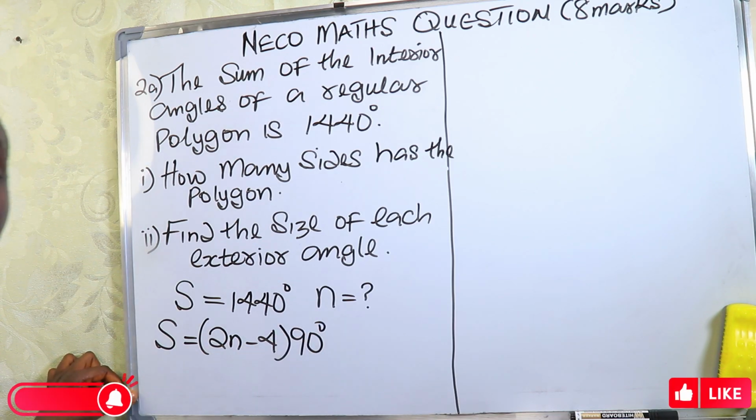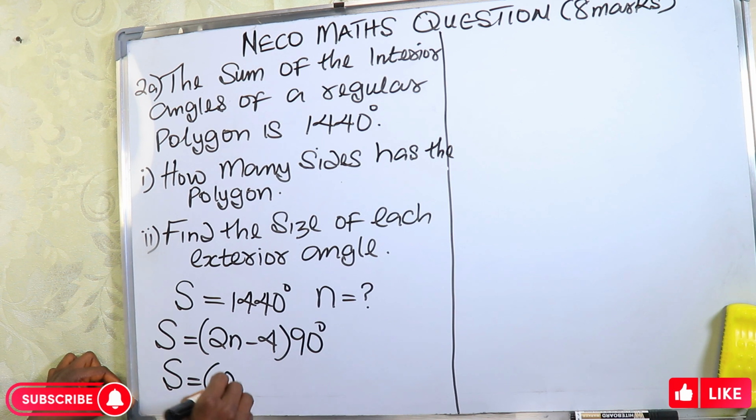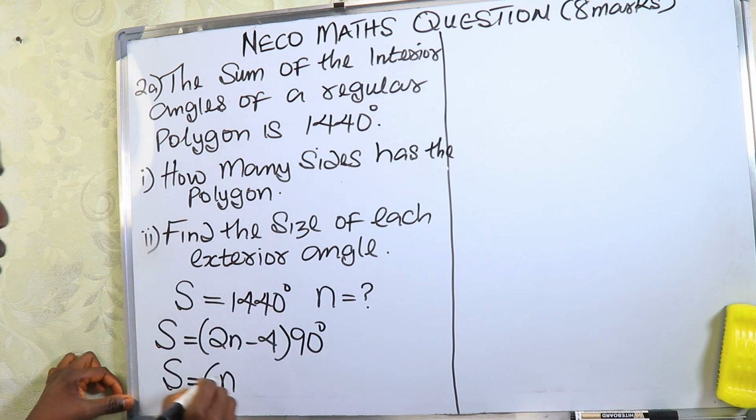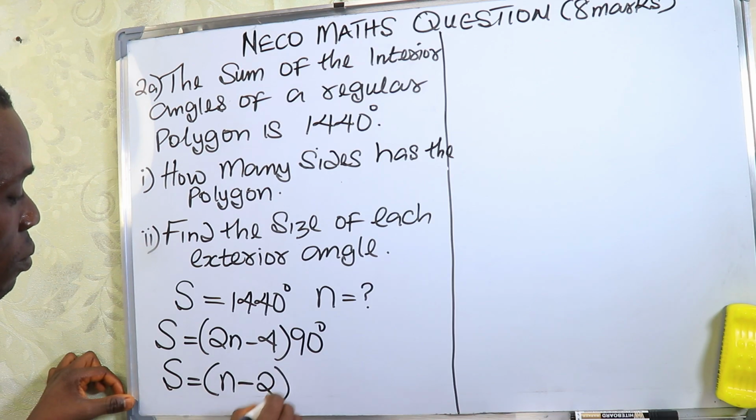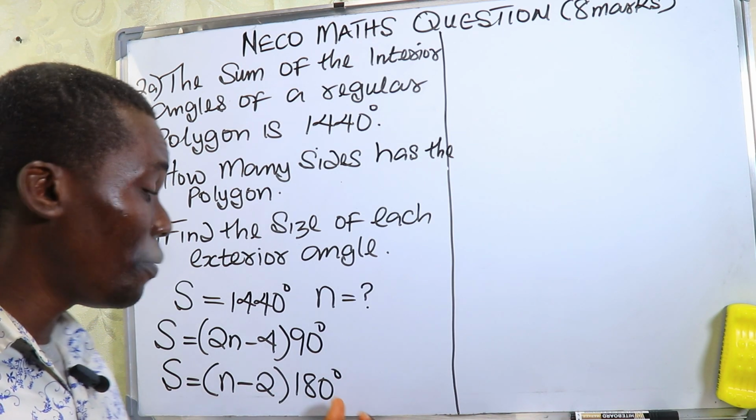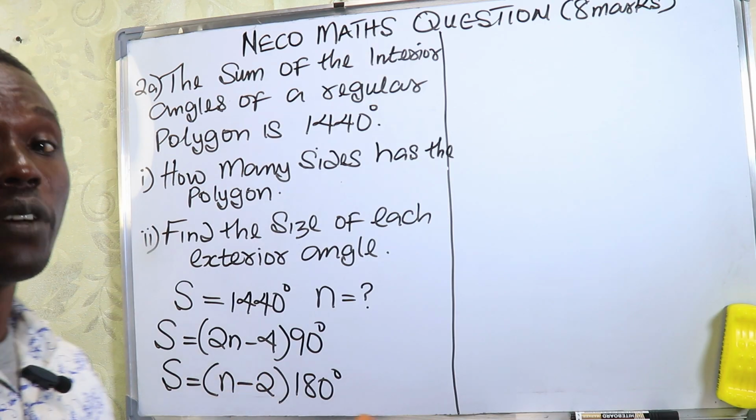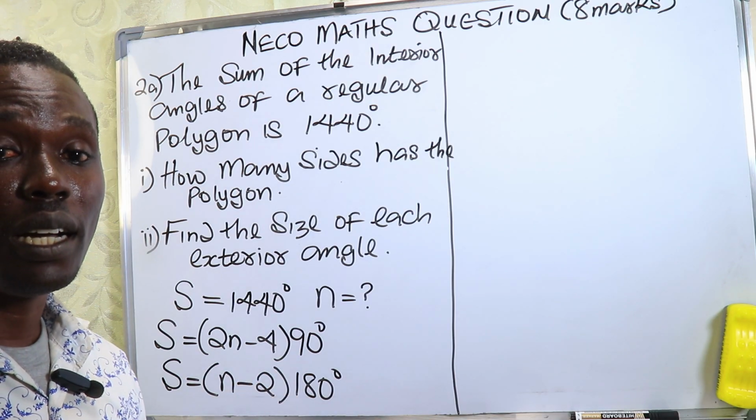While the second one, you can use 180. The sum is equal to n minus 2, multiplied by 180 degrees.